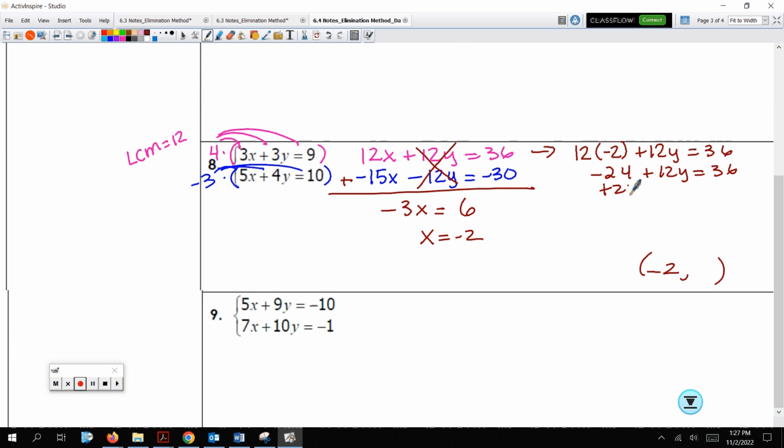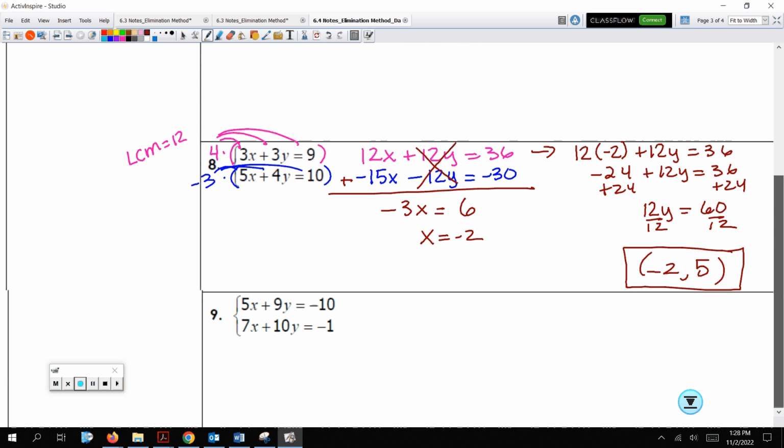When I add 24, that gives me 12y is equal to 60. And when I divide 60 by 12, that gives me 5. y is equal to 5. Okay? There we go. All right, that was kind of crazy. Let's do another one together, and then you can do some on your own.